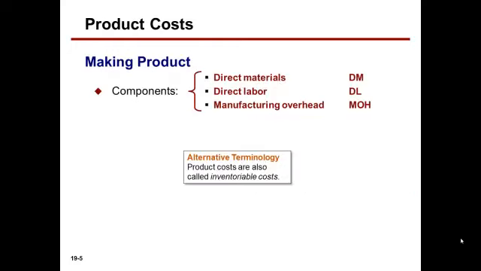Let's get back to the three elements of cost in a manufacturing plant: direct materials, direct labor, manufacturing overhead. As we recall from a previous talk, the alternative terminology for these product costs is inventoriable costs.